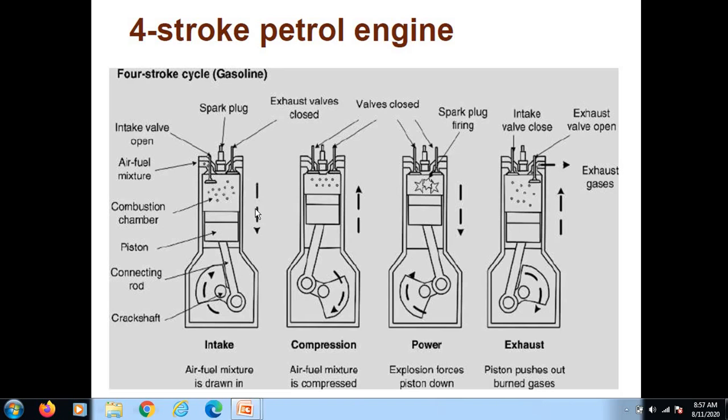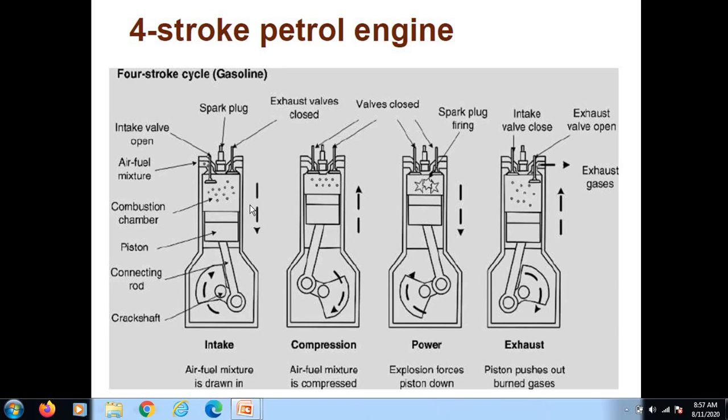So this process occurs at constant pressure, that is, at atmospheric pressure. The suction or intake process occurs at constant pressure, and that constant pressure is nothing but atmospheric pressure.